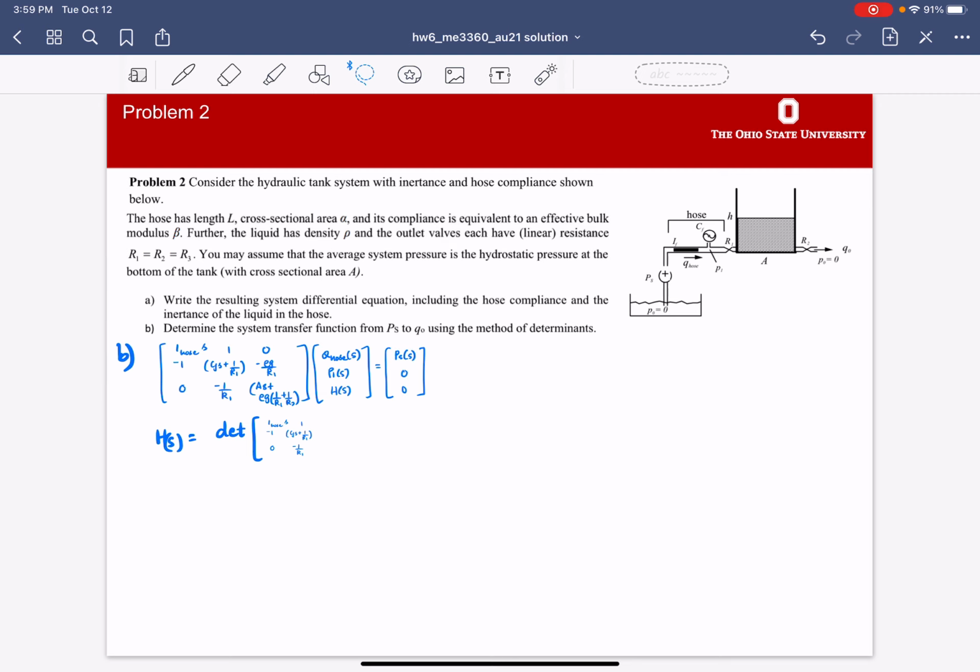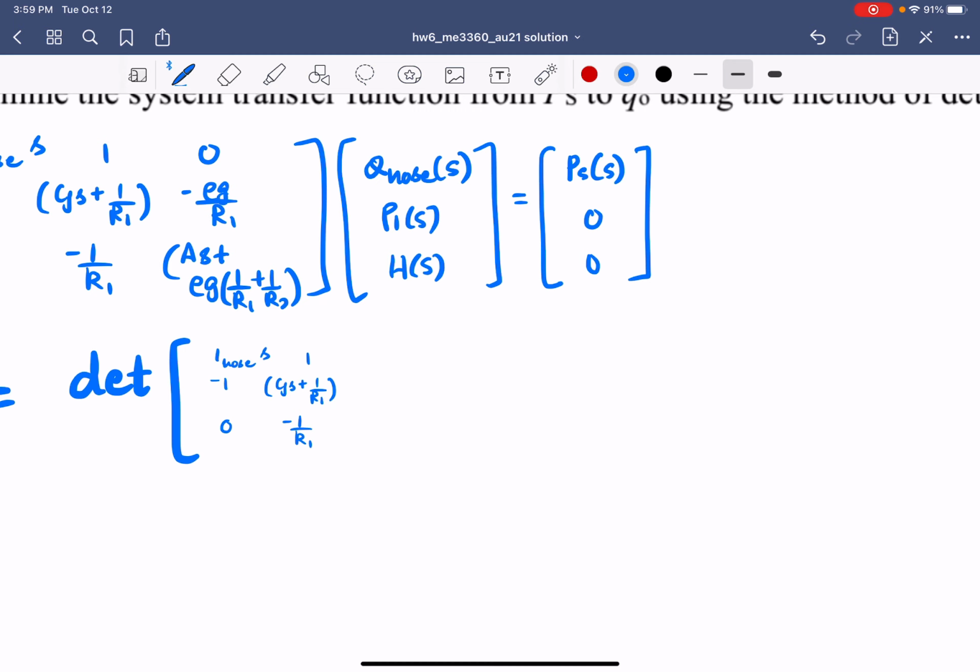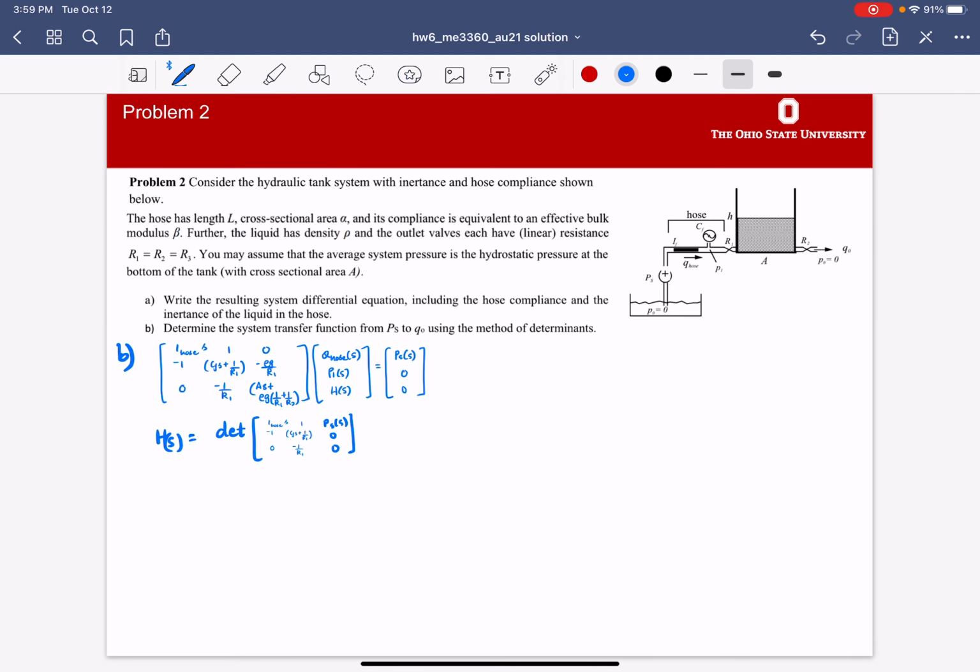And maybe a better way to do it now would be just to write it down. So we have PSS, 0, 0. So that would be our numerator.